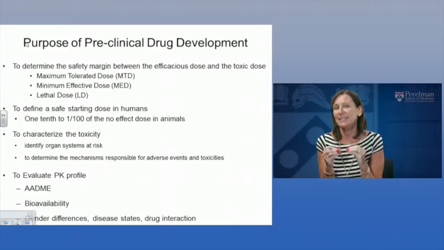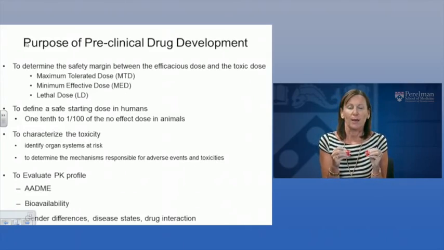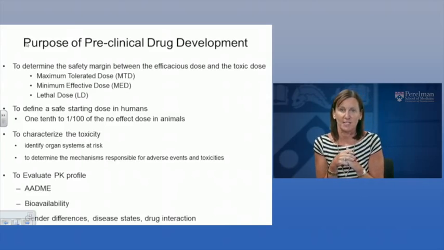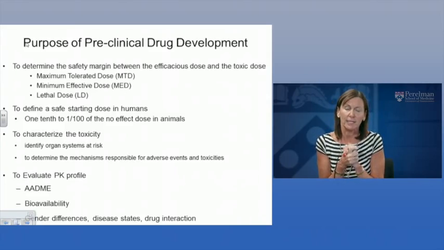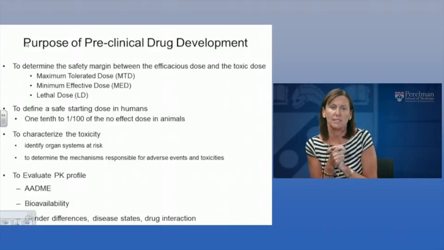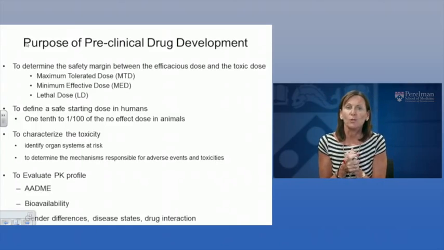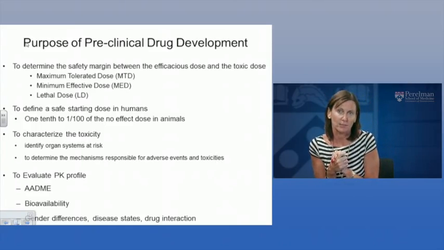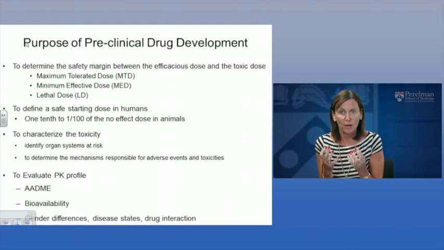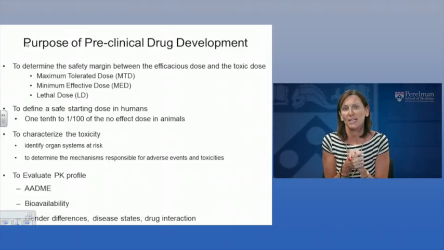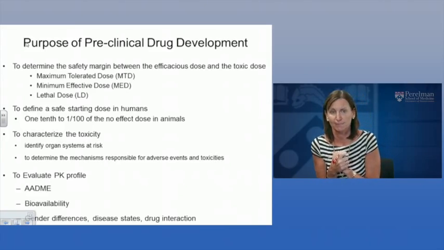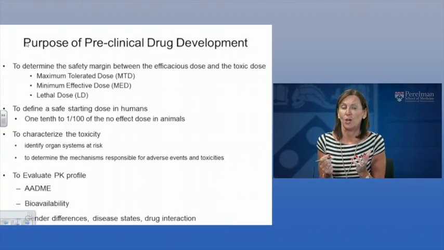So what is the least amount of drug that we can get away with in order to demonstrate the efficacy that we're looking for. And then we do, even though ethically it does raise significant eyebrows, we do assess for the lethal dose in animals. And this is a requirement in order to be able to understand what that therapeutic index is that we've talked about previously. Then you want to know, where do you want to start in humans?